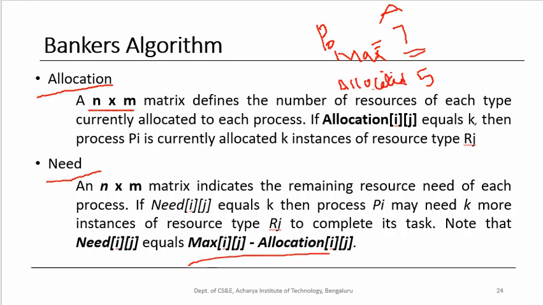How many instances of this type are allocated to P0? Now if you subtract this from this, you will get the need. That need is how many more instances of resource type A are required by process P0. So these are the data structures that are used in the banker's algorithm.